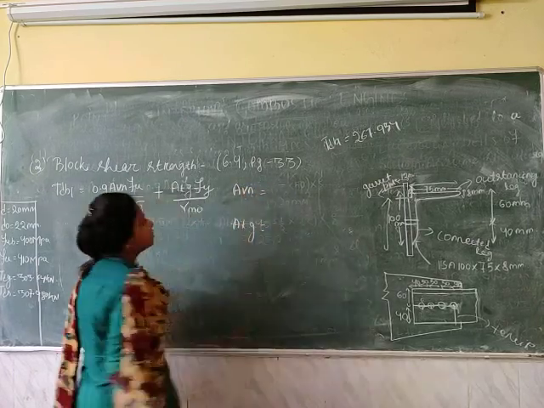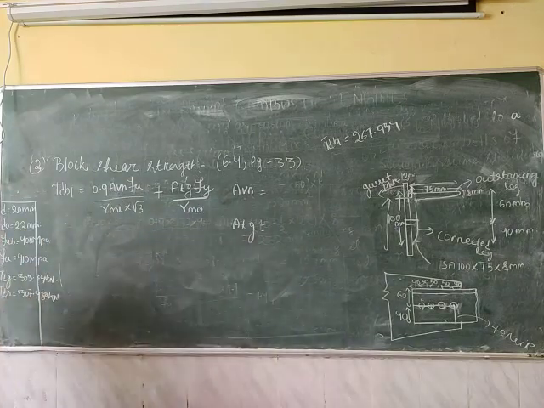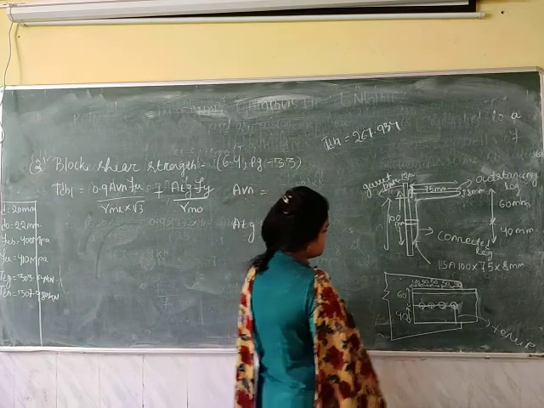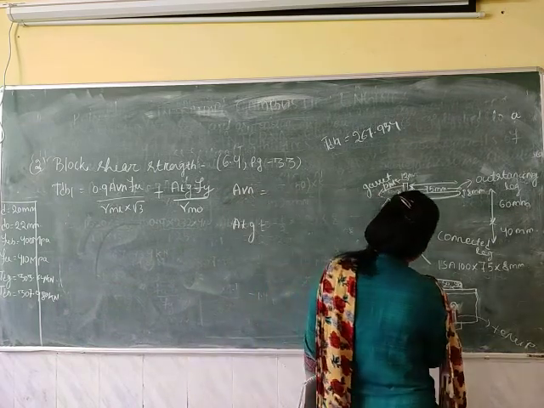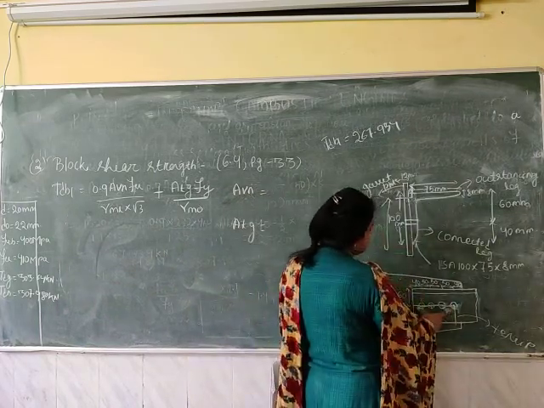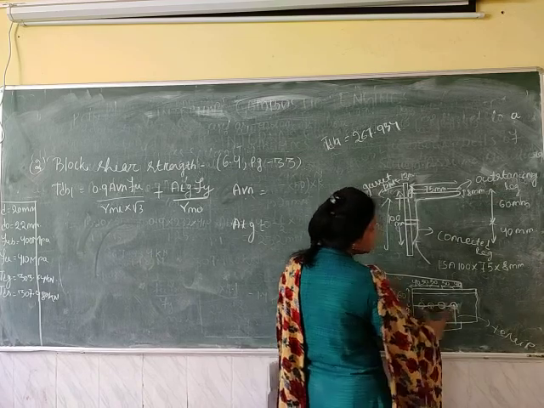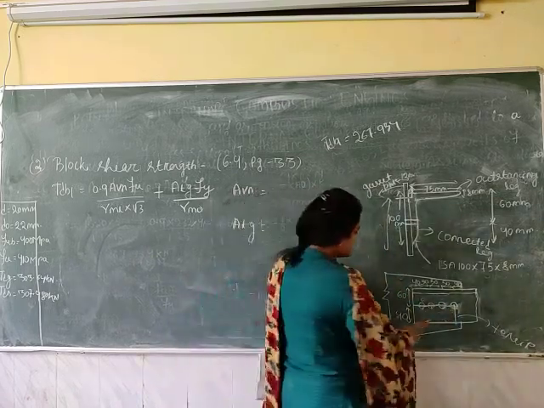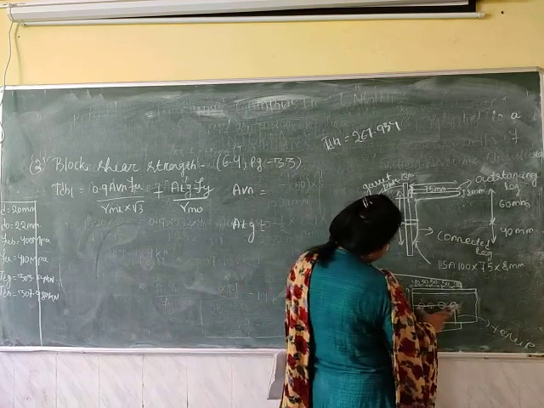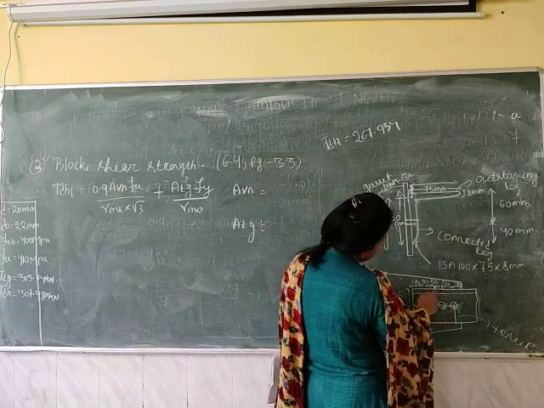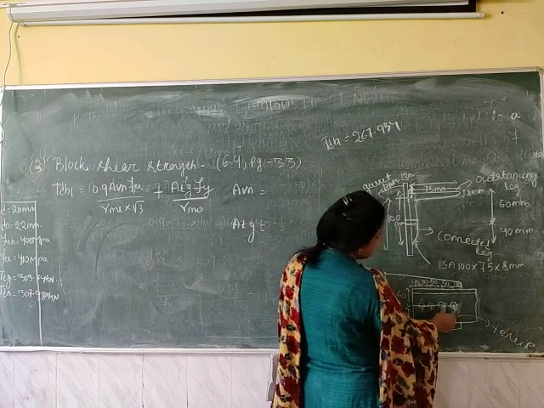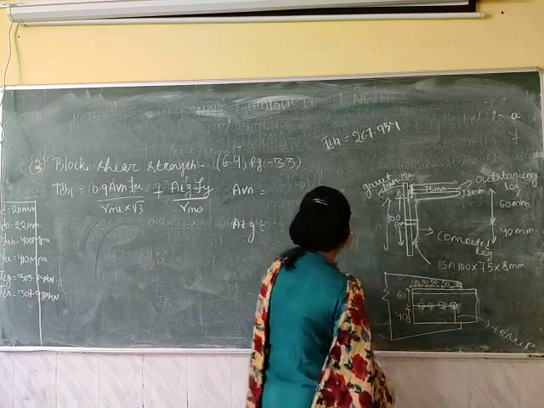So AVN is net area of the shear plane. So here the shear plane is this one. We need to calculate the net area of this shear plane, means we need to deduct the bolt hole dia. So this total length is 40 plus 50 plus 50 plus 50. So this total length is 190.